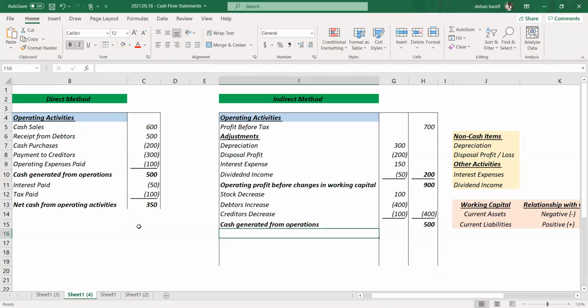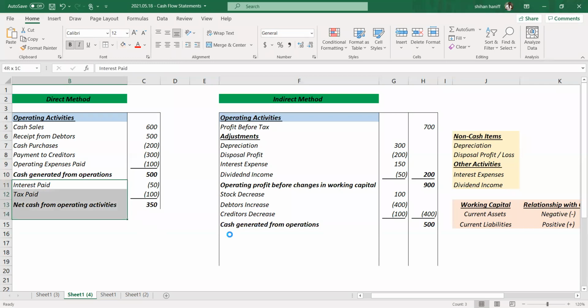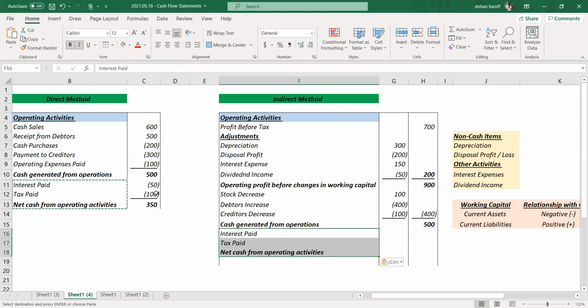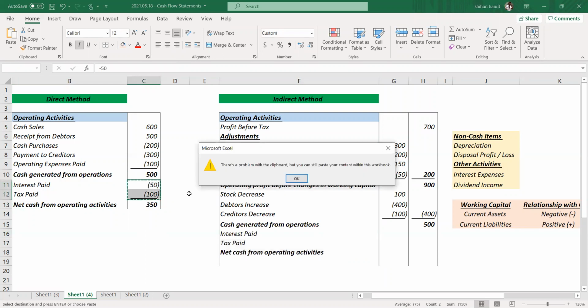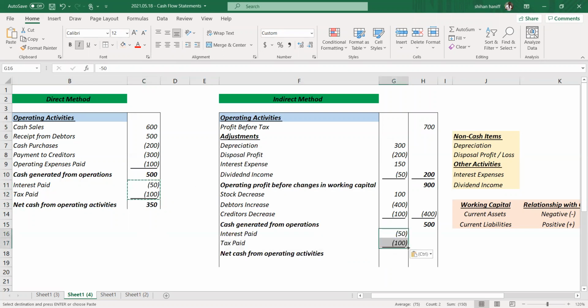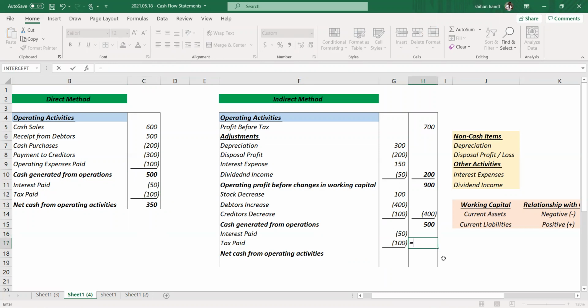This part will be same. So finally, you should get the same answer as the direct method.